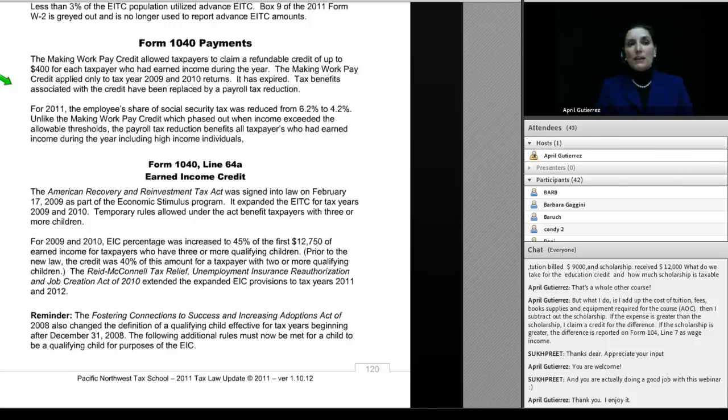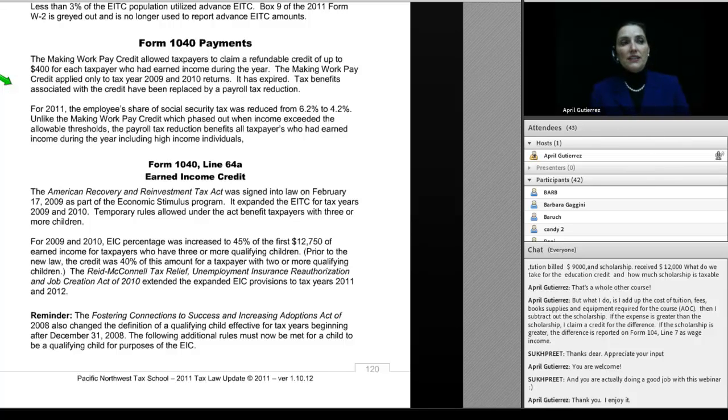So when the making work pay credit went away, W-2s should presumably have had a bump up in Box 2 federal withholding and a decrease in, I guess it would be Box 5 or Box 4, Social Security withholding. So Social Security withholding should be less and federal income tax withholding should be more, and when they come to the table to prepare their tax return, again, they don't really see a difference.